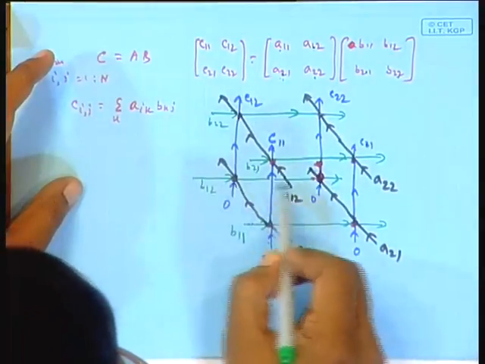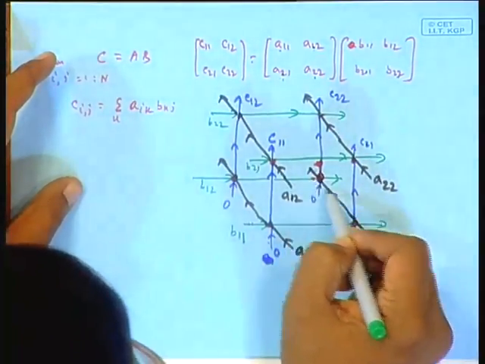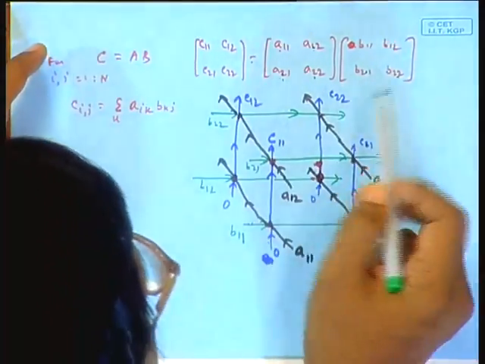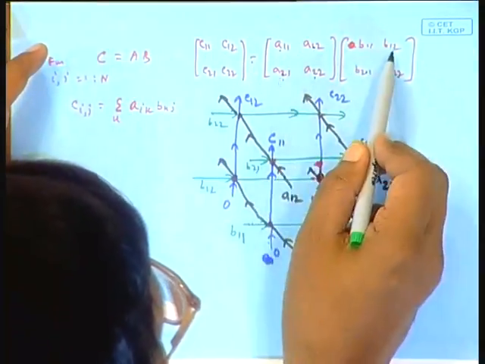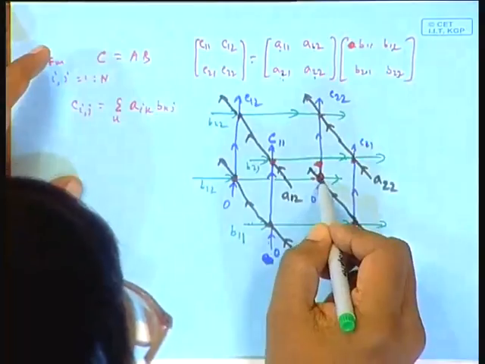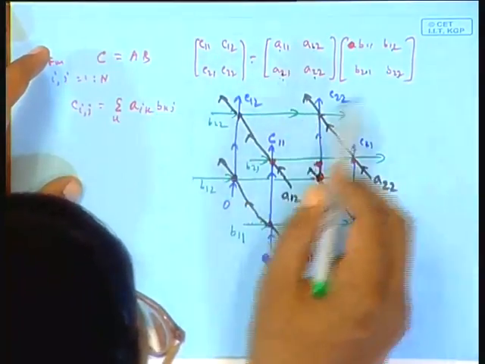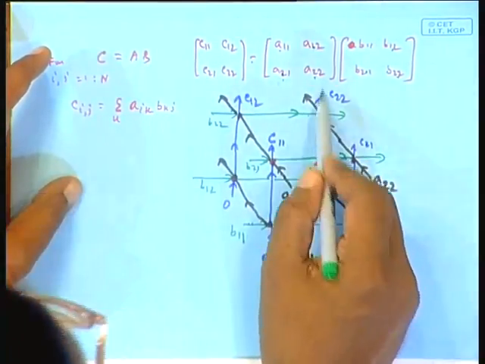B12 you gave here and A21, both propagated, B12 A21. A21 B12 gets added with 0, and then here again B22 propagated, A22 propagated, multiplied.